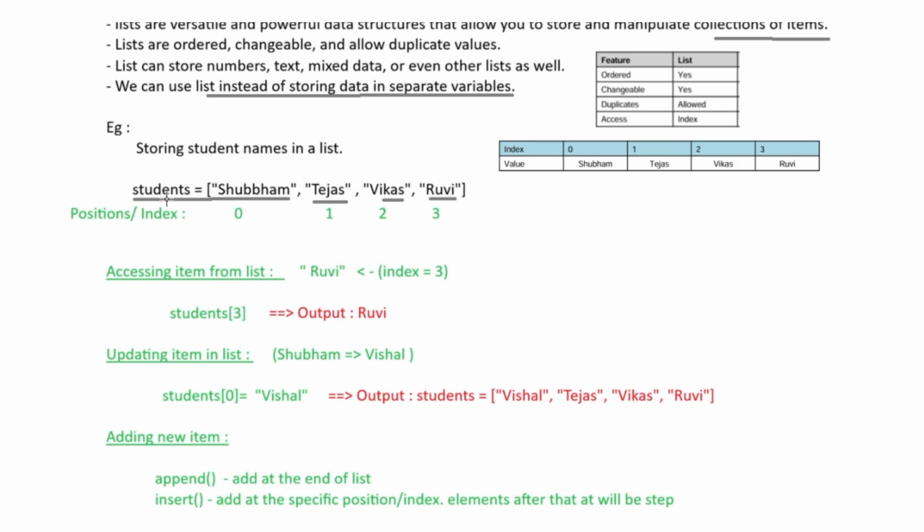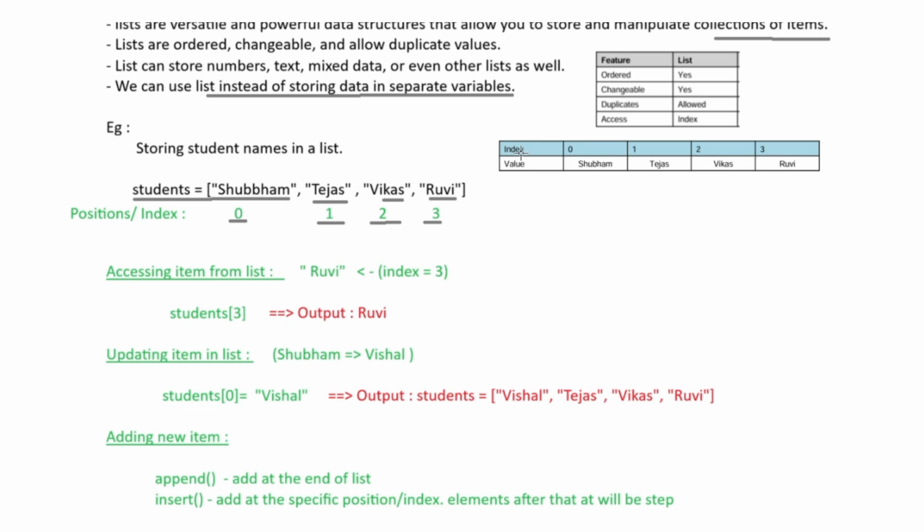Python stores these values in a sequence. Each value gets a position, just like strings. The first item is at position 0. The second item is at position 1. The third item is at position 2. So lists also support indexing, exactly like strings. In the strings concept, we already learned how indexing actually works behind the scenes.